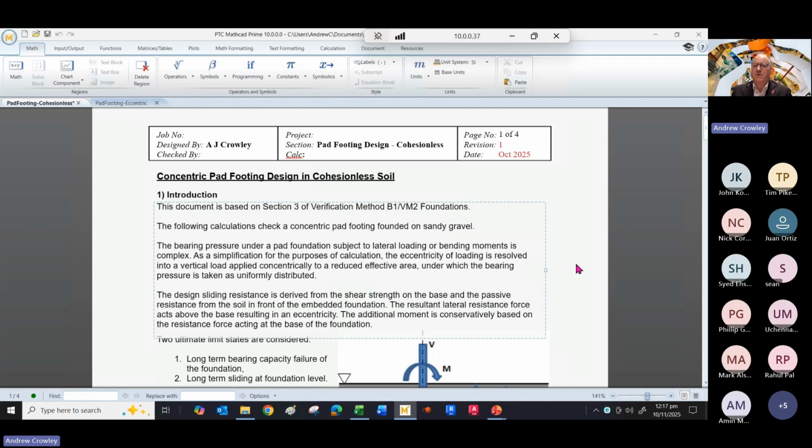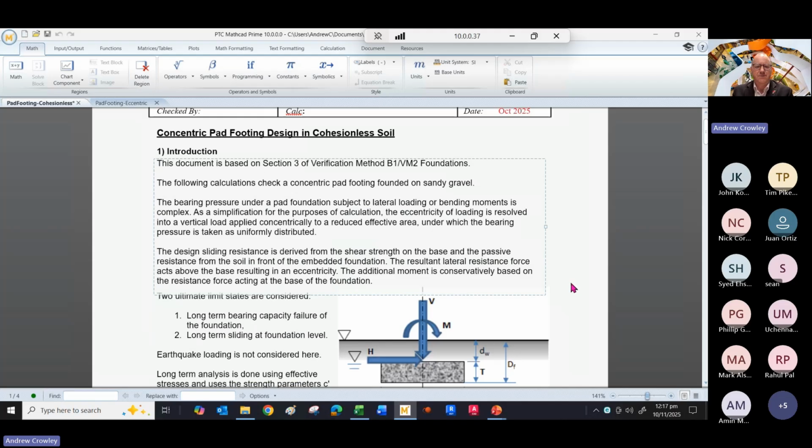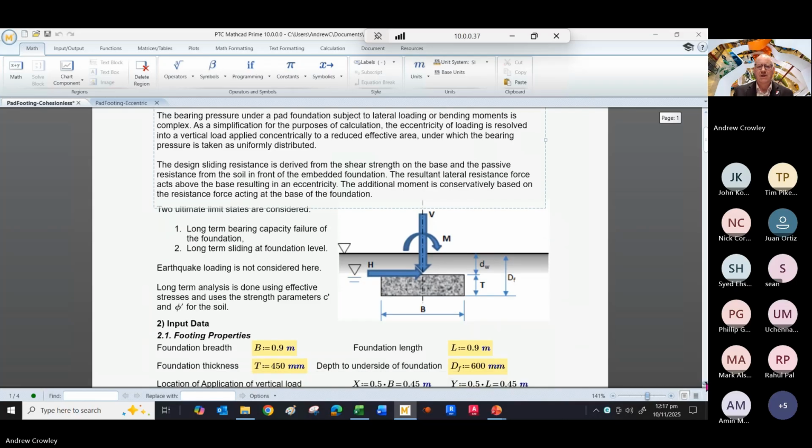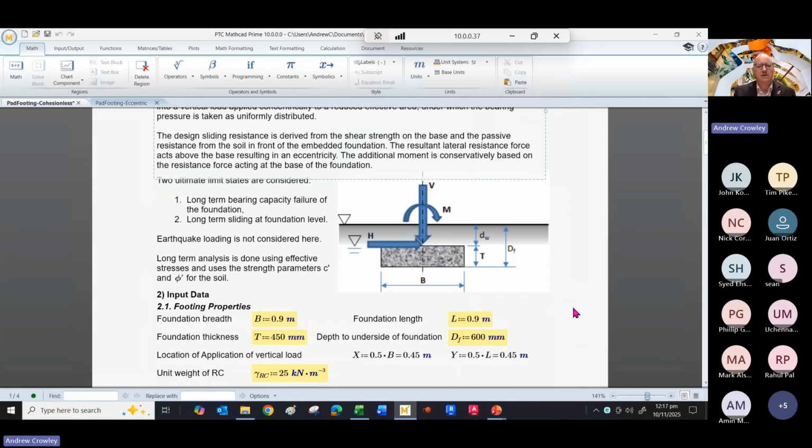So some of the assumptions I've stated before in the body of the seminar. So what we're going to be considering here is just 2 ultimate limit states. That's the long-term bearing capacity failure of the foundation and the long-term sliding at the foundation level. We're not considering earthquake loading. You could do, but that's another exercise.